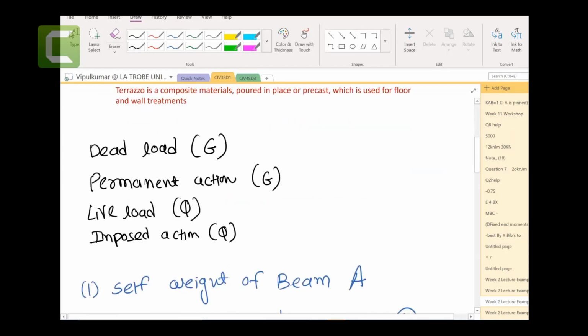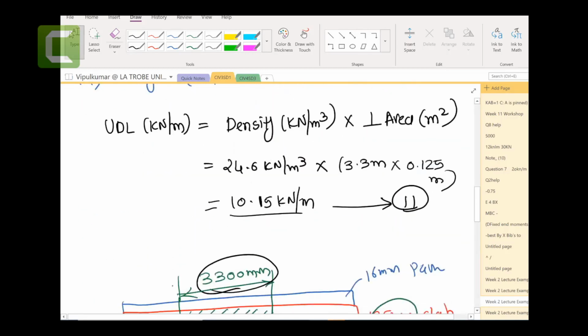If you put 6.6 here, it will significantly overestimate. So that is not the case. It is just 3.3 meters, not 6.6. Okay, so that's what we covered so far.